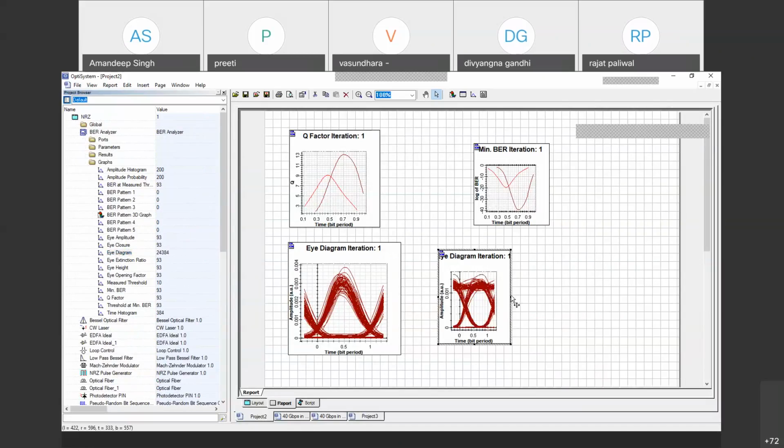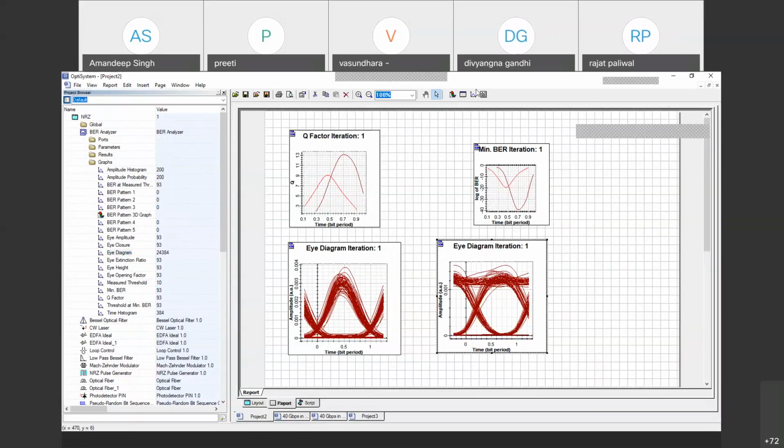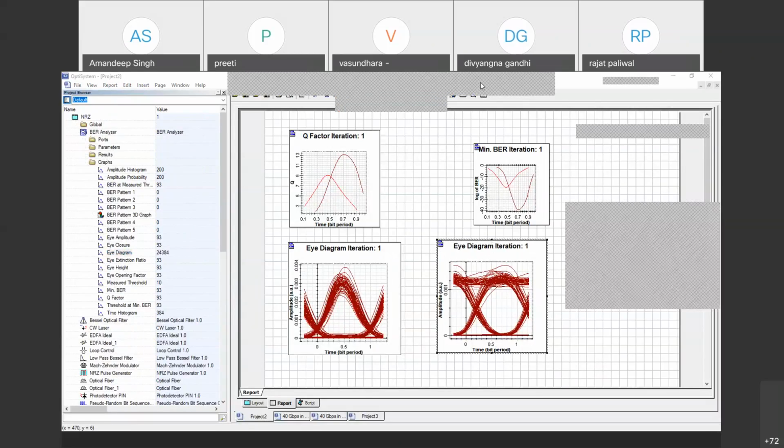Can you hear me, sir? Yes, please. To compare the two, as you did NRZ and RZ, we have to use two layouts on the same page and simulate simultaneously. Finally, we get the comparative study in the result, whether it is an eye diagram or BER.